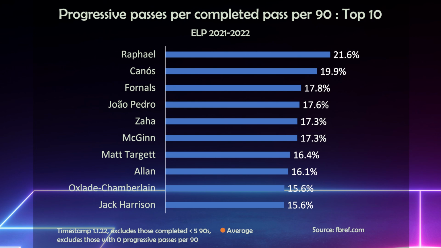McTominay plays progressive passes about 10% of the time, given the amount of possession that he has in general. That's higher than Ruben Neves, and it's higher than Jorginho. I'm not making any comment about who is the better player out of those three, other than it's almost certainly not McTominay. But it is simply not true that he always, or indeed perhaps even, plays too many short, safe sideways passes.